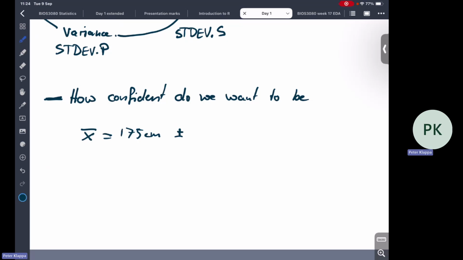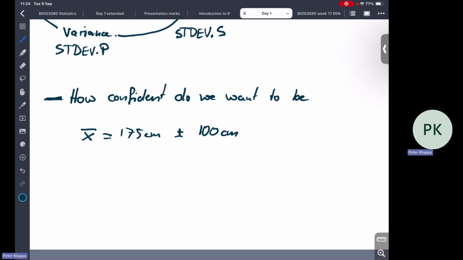If I say the true mean plus minus 100 centimeters, so it would be between 75 centimeters, the true population mean, and 275 centimeters. In God's name, surely the true population mean must be in there between.